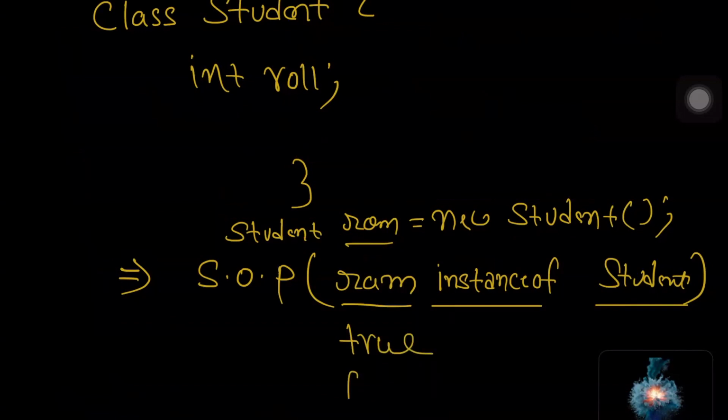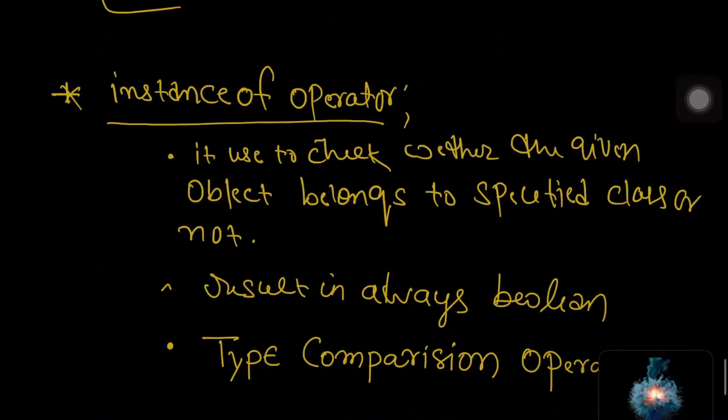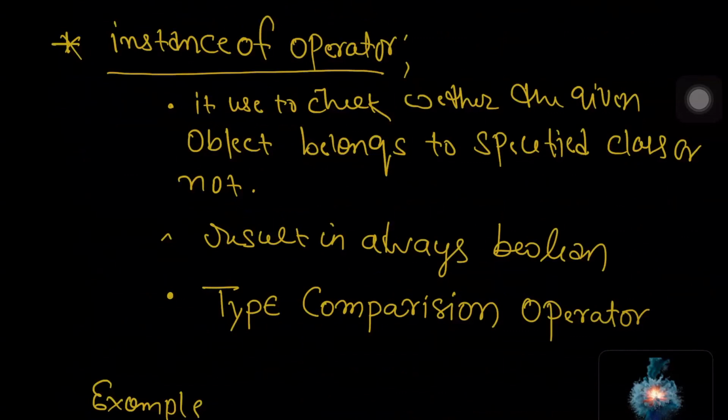If not, it will return false. Basically, we use the instanceof operator mostly in exception handling, to identify whether an exception belongs to a class or not, and based on that we make decisions. It has very good use that we'll see later, but right now you have to remember that the instanceof operator is used to check whether the given object belongs to a specified class or not.